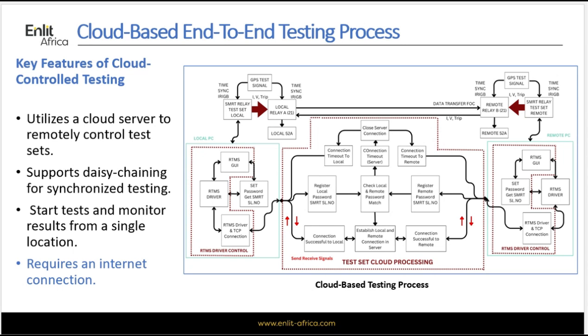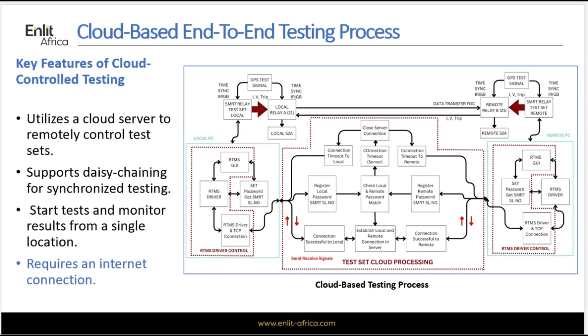If we look at the test setup and architecture, this architecture shows how the local and remote test sets communicate through the cloud servers. In the cloud, we compare the local and remote test sets' password and serial number.